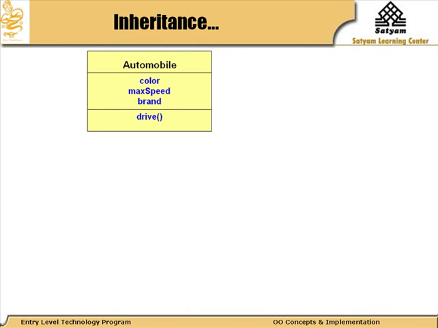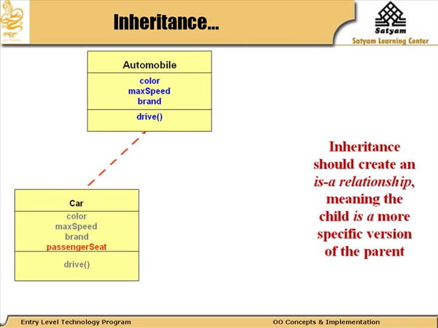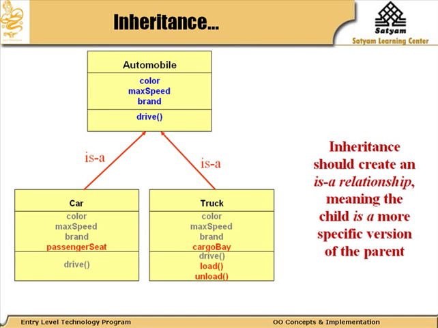Now let's look at an example to understand the concept better. Here I have a class Automobile which has color, max speed, and brand as its data members, and drive as its member method. And then I have class Car and Truck which extend or inherit from Automobile.